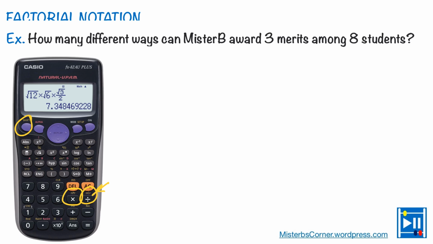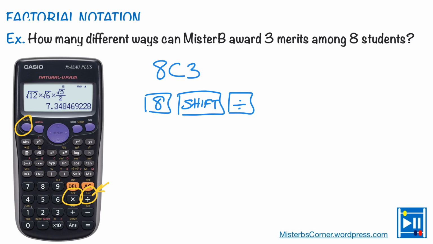Basically, to calculate the combination of 3 choices out of 8 possibilities, you press 8, then Shift and then division, and 3 and then of course the equal sign, which will give you the answer. In the meantime, you will be seeing 8C3 on your calculator screen, where C is going to be slightly bold.